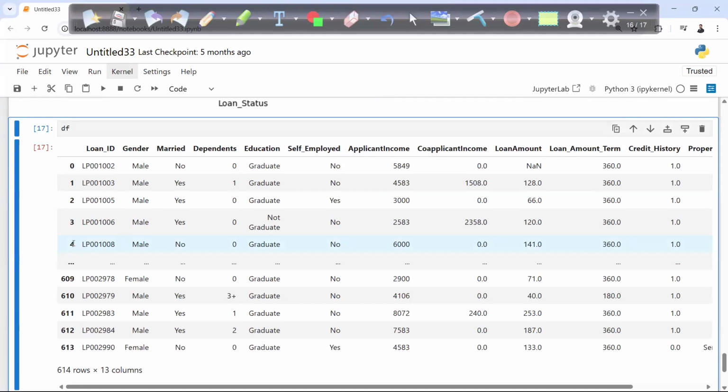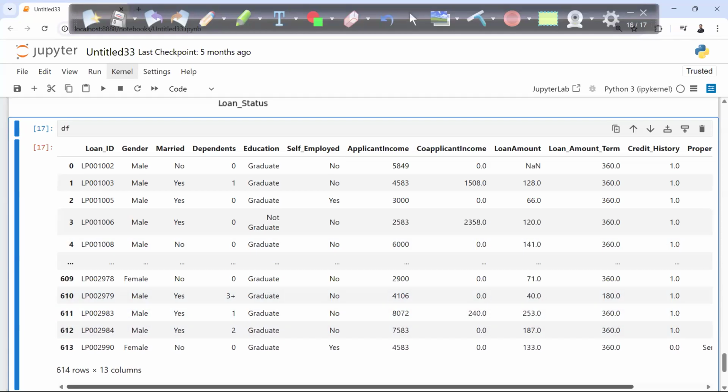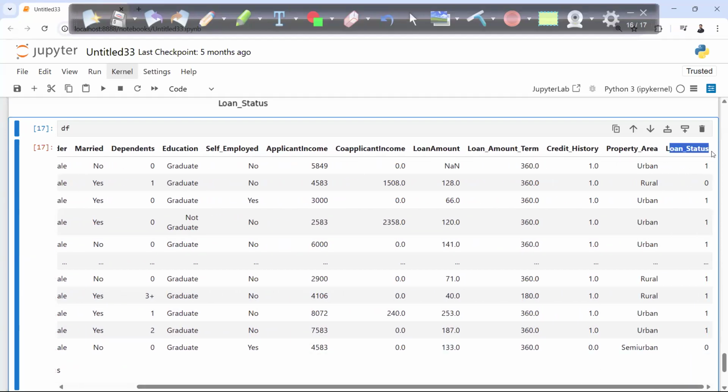As of now, I am not analyzing the entire story, as we have to conclude this particular class with a proper conclusion, right? So what I will be doing is making sure that in every analysis, your loan status column should be there, right?